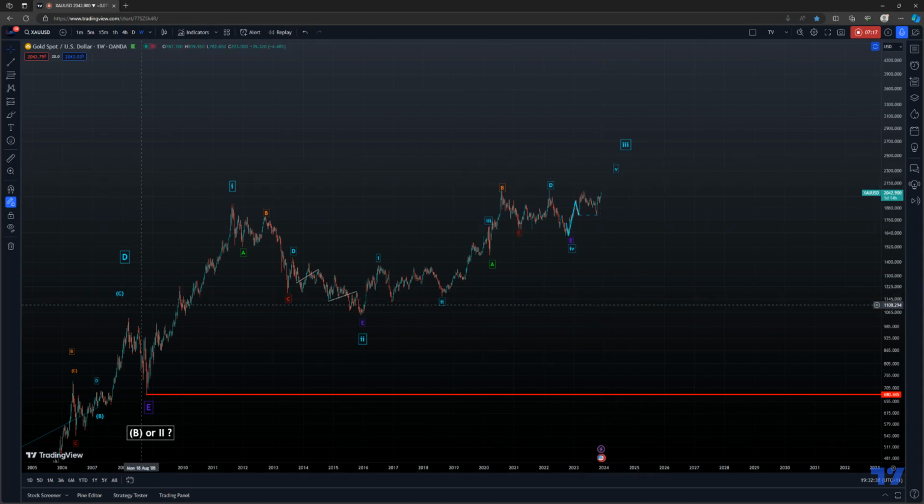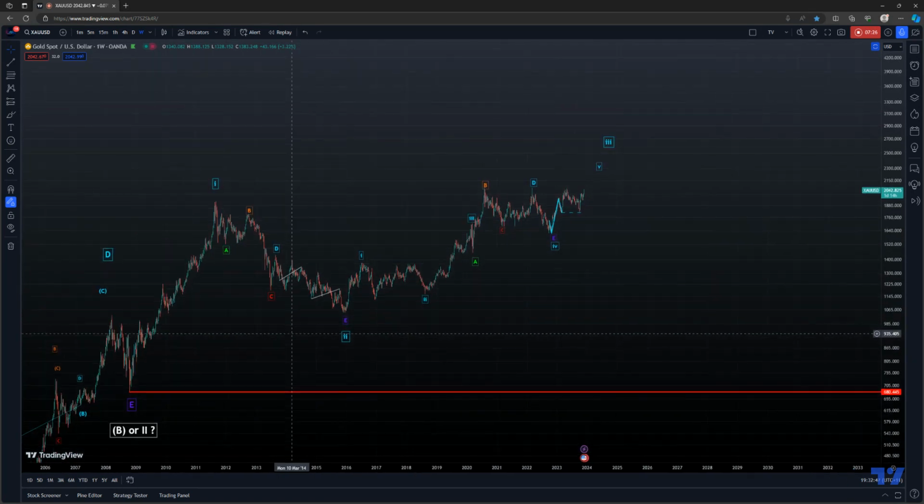Now, does that mean that we're going to get a huge correction down? It doesn't necessarily mean that that's going to be the case. We could see another correction that is short and sharp, or we could see the beginning of a correction and then the rest of it expanded to the upside, right?